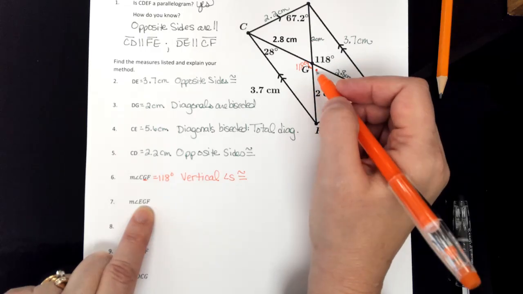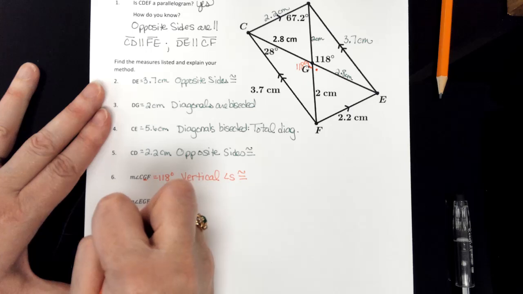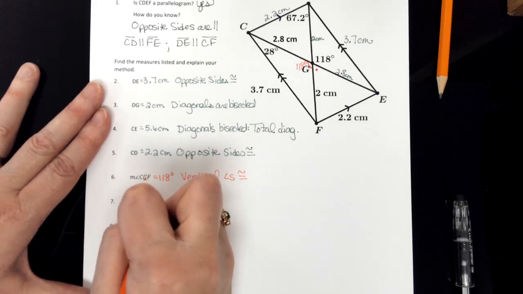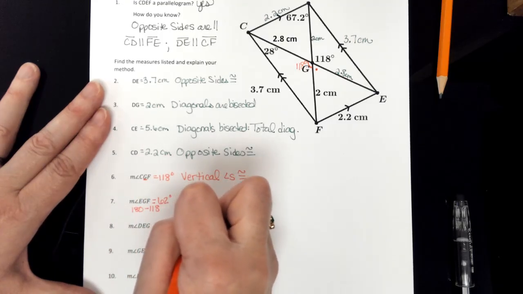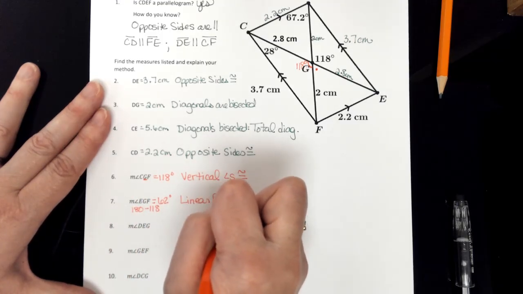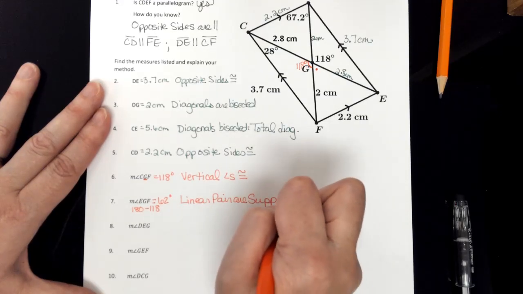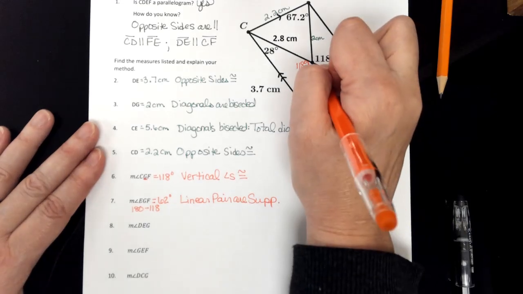Those two angles form a linear pair. So if I take 180 and I subtract the 118, I end up with 62 degrees because linear pairs are supplementary. 62 degrees.